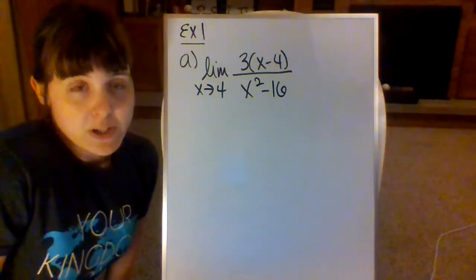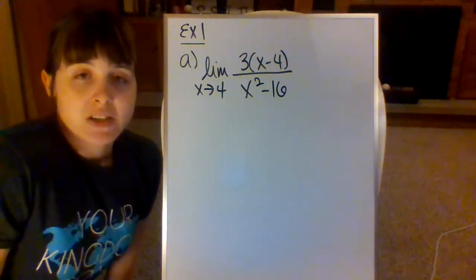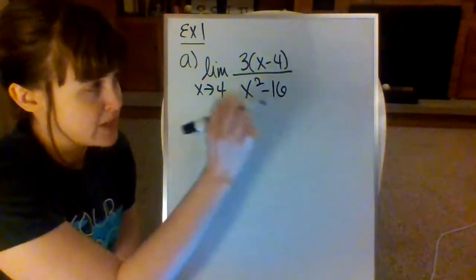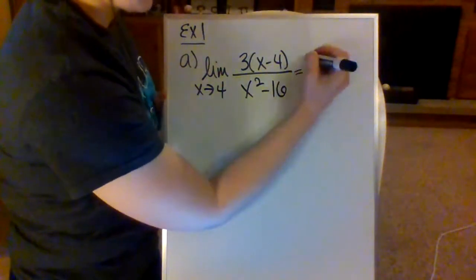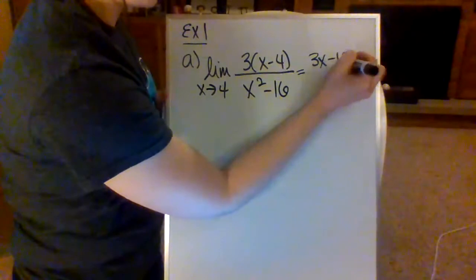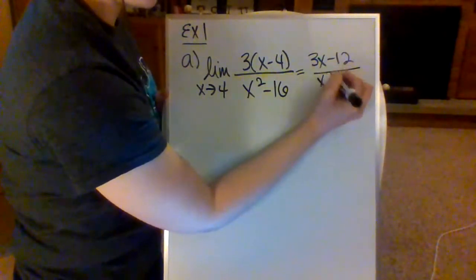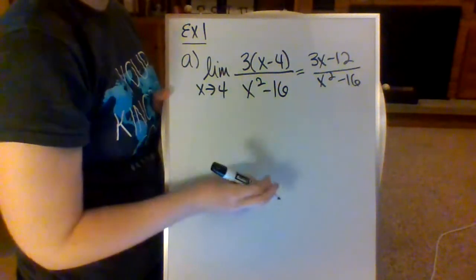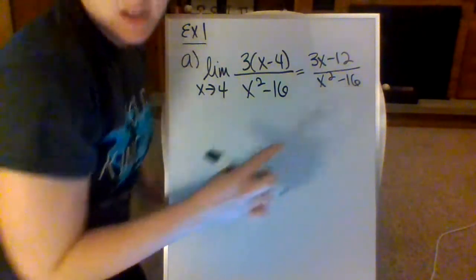But this time we're going to use L'Hopital's rule. So first I'm going to distribute this 3 and simplify a bit. So that equals 3x minus 12 over x squared minus 16.